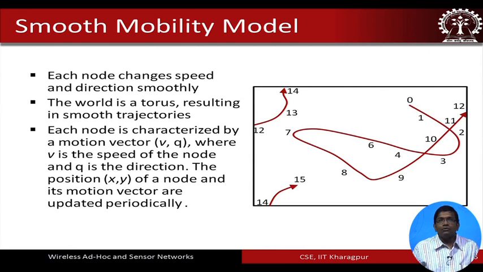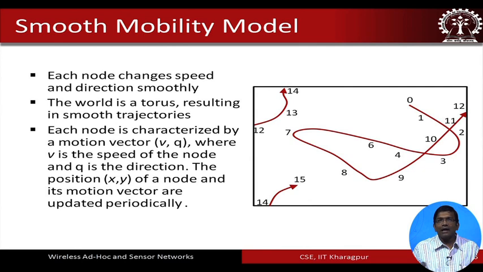The node would start from a particular position, choose a random alpha, the direction, and with a random speed it would go, and it would either hit the boundary of the region and get reflected from there, or choose a random destination and change its position from there. The previous models that I just mentioned all result in straight line vectors.